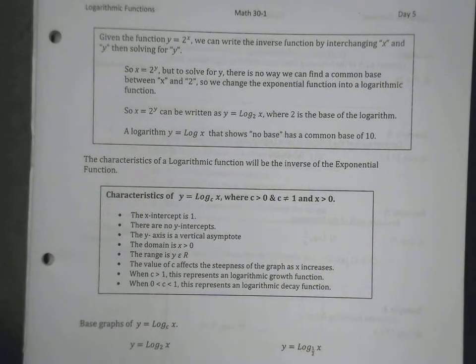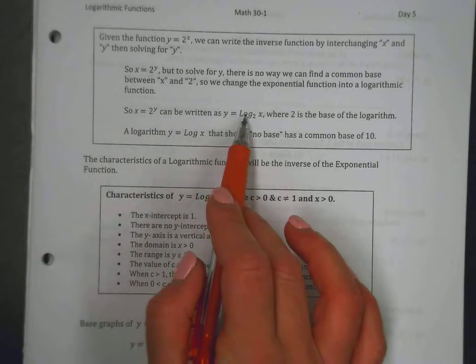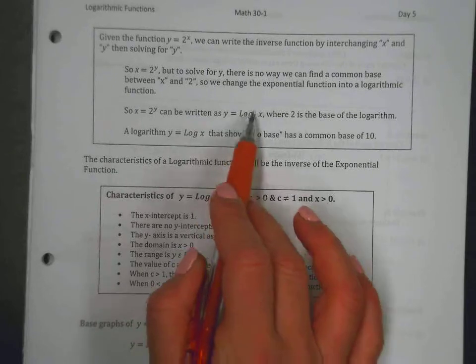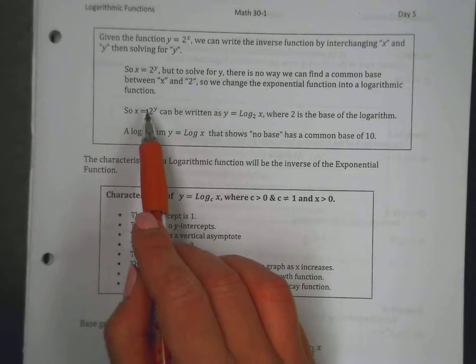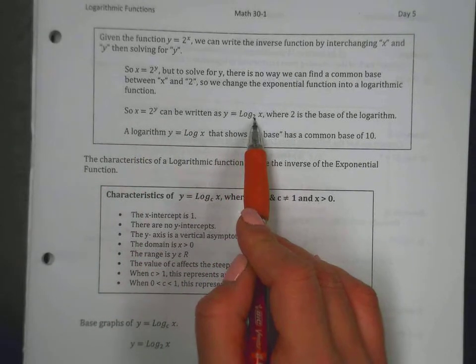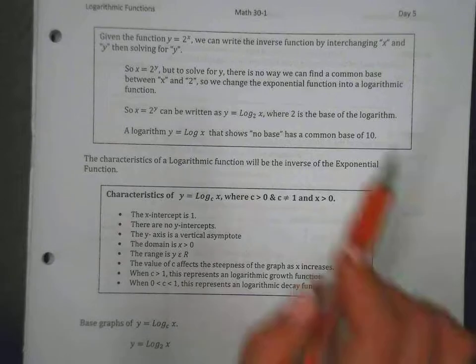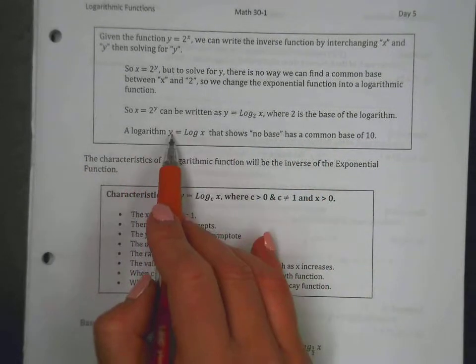So logarithms also have a base similar to exponential functions. So this would be log base 2 of x is how we read it, where 2 is the base of the logarithm. If you see a logarithm of the following, just y equals log of x, where no base is shown, then this is a common base of base 10.